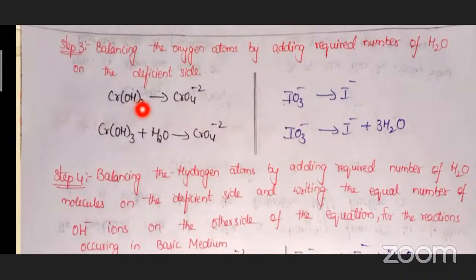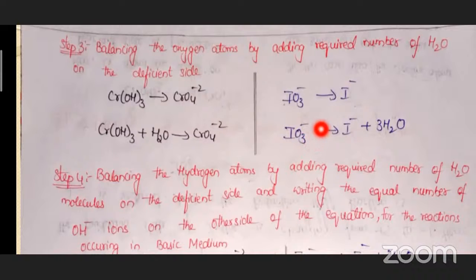So we have to add oxygen on the reactant side. The method of balancing the oxygen atoms is to add the required number of water molecules. Here we have 1 deficient oxygen, so I am writing 1 water molecule. Hope you have understood this. And the same thing as it is, I have written the product.